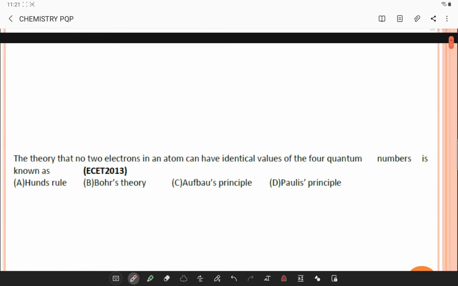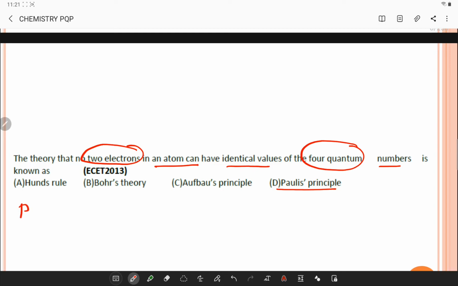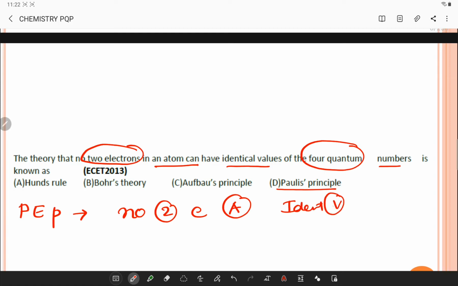The next question: the theory that no two electrons in an atom can have identical values of 4 quantum numbers is known as Pauli's exclusion principle. Pauli's exclusion principle states that no two electrons in the same atom can have identical values for all 4 of their quantum numbers.